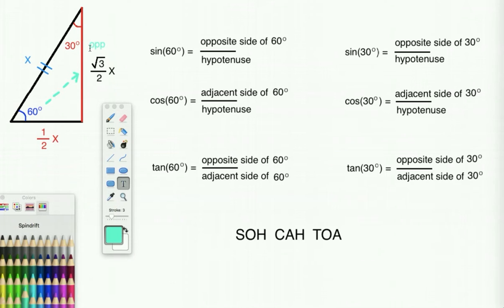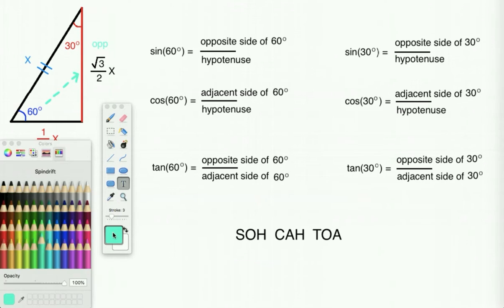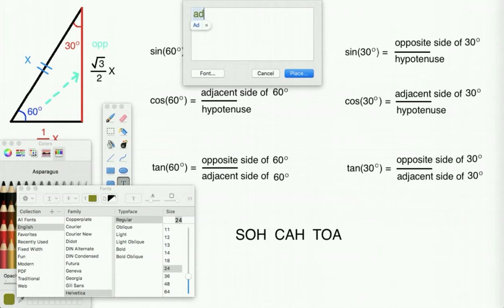So over here, this is the side that is opposite of the 60 degrees, which means that this other side is the adjacent one.